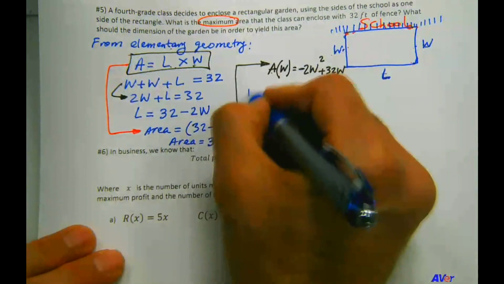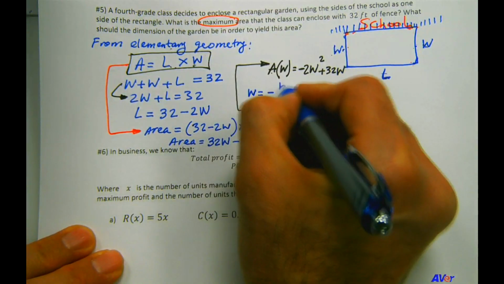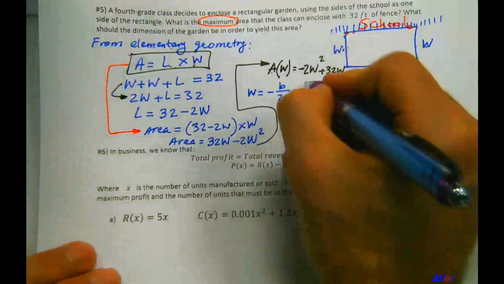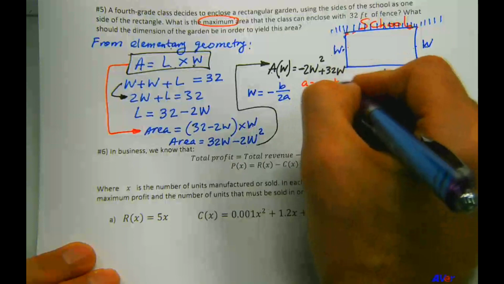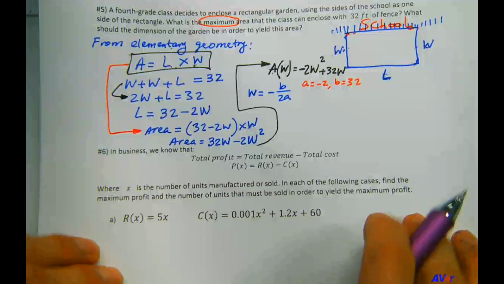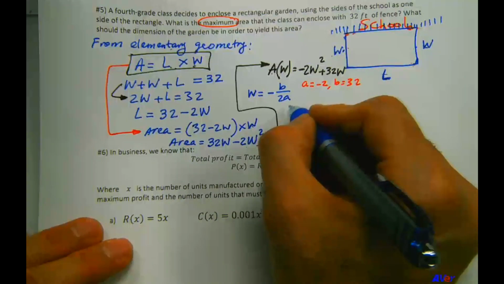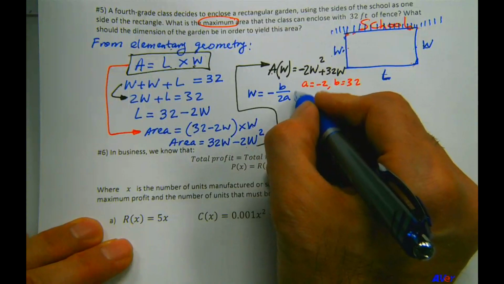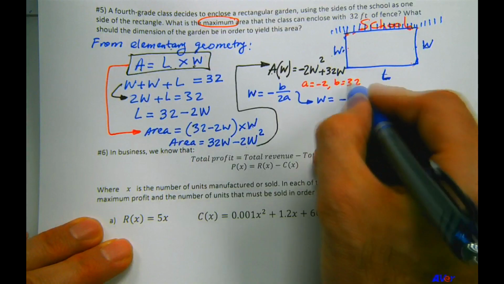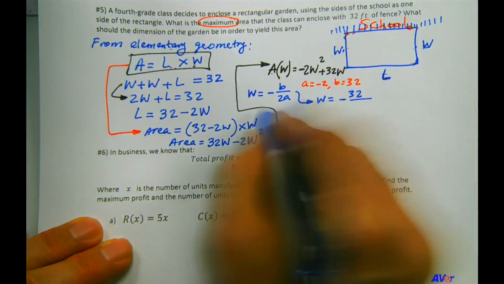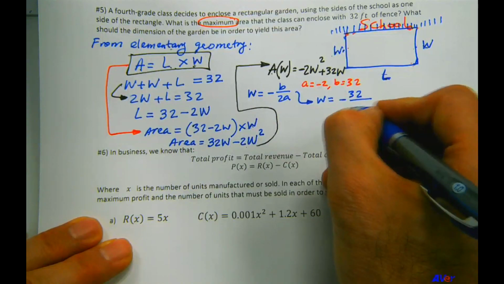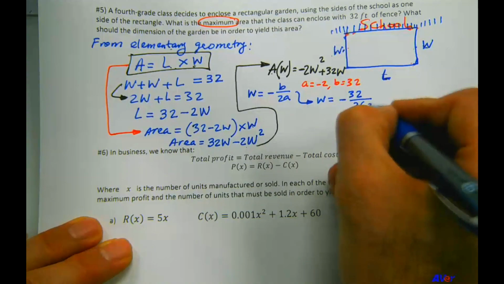So that would be W is equal to minus B over 2A. Here, A is equal to minus 2, and B is equal to 32, looking at that quadratic equation that we've developed. Then I'll write W is equal to minus 32 divided by 2A. 2A, that's 2 times minus 2.